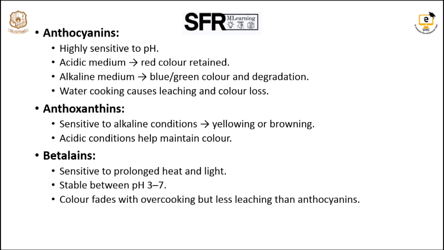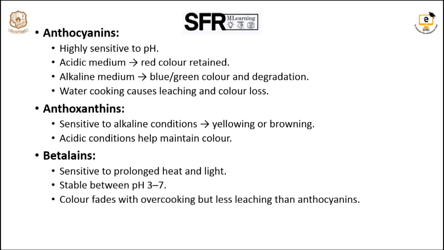For example, while making vegetable soups, you will see the color leached out into the soup water, leaving boiled, cooked, colorless, pale vegetables. That means the pigments are moving from the food substances into the water.